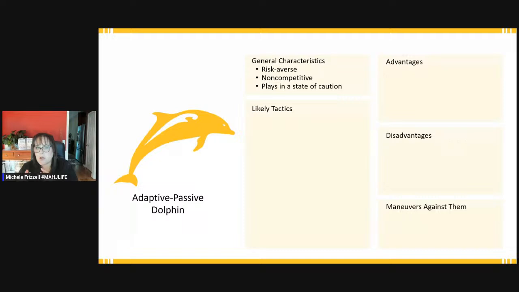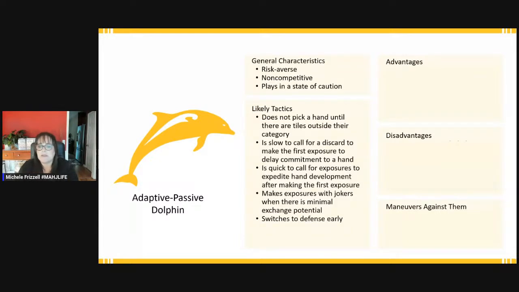They're a little more cautious as opposed to uncertain. They typically don't pick a hand until there are tiles outside their category. So if they have all keepers, then they might pick a hand.